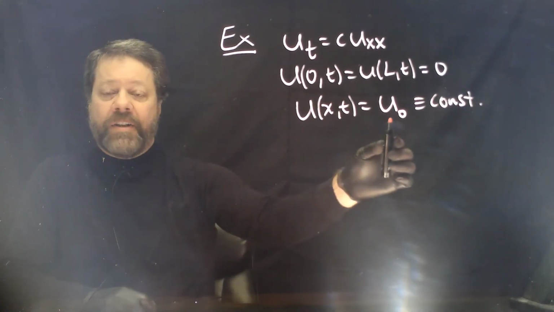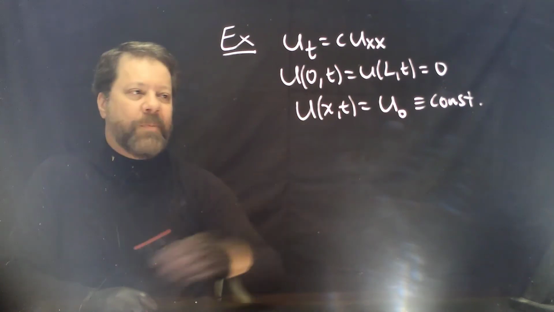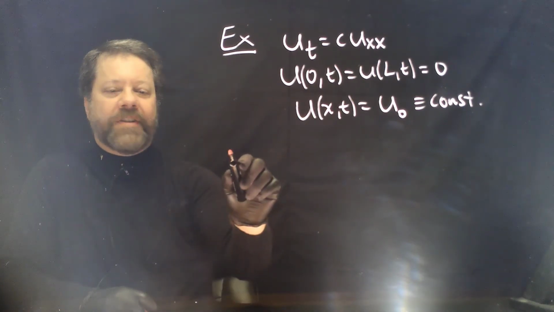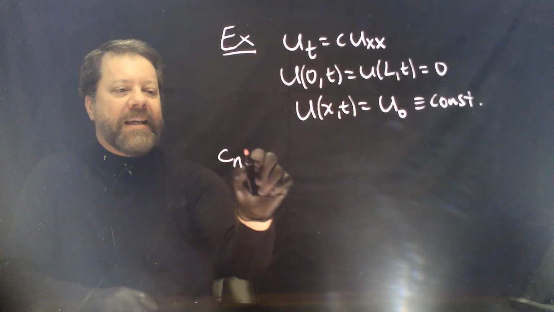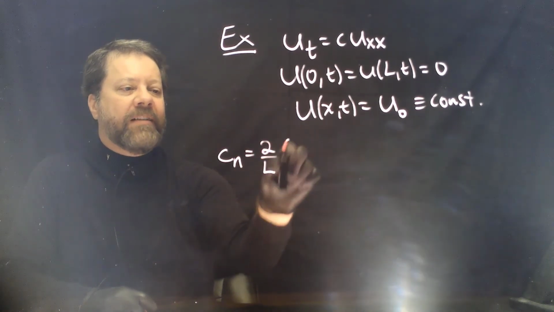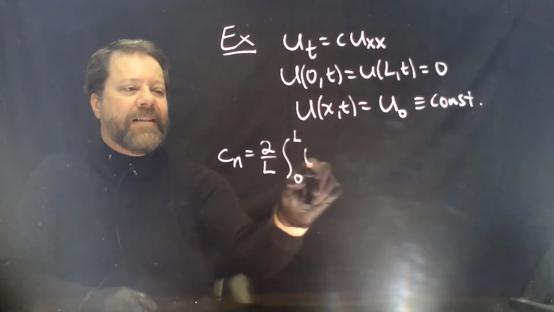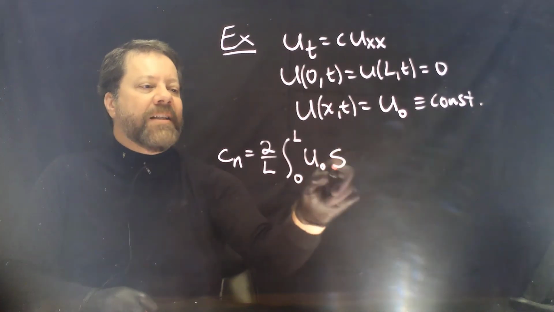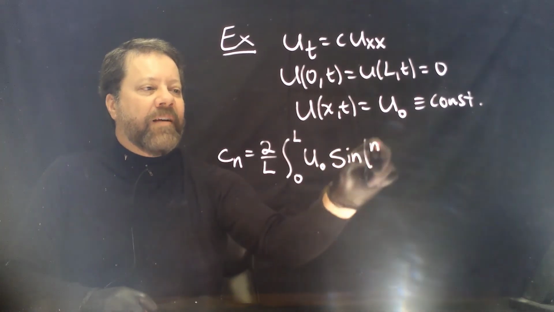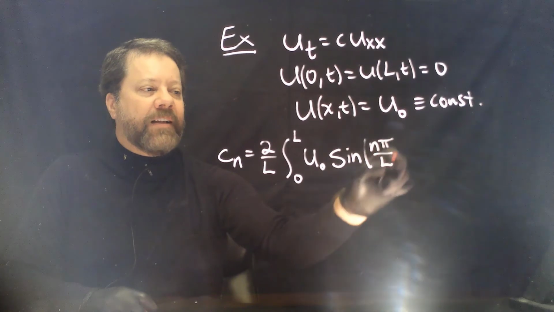This is the function u naught that we need to pick apart to find our coefficients. The coefficients Cn are going to be 2 over L, the integral from 0 to L of the constant u naught, times the sine of n pi over L x.